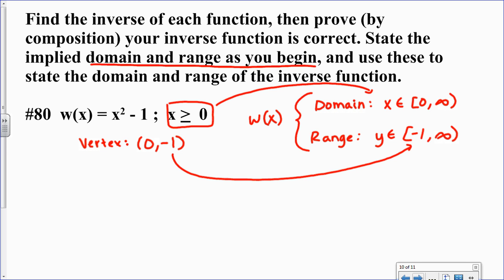Okay, so now it says use these to say the domain and range of the inverse function. I'm going to go ahead and find the inverse first now. So I'm going here, find the inverse function.